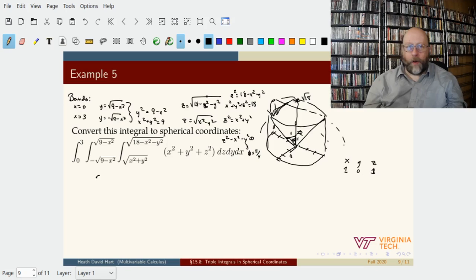So I think we have enough information to set this up now. Put our rho on the inside, put our angles on the outside. Theta only goes over the front half of this shape, so from negative pi over 2 through 0 up to positive pi over 2.